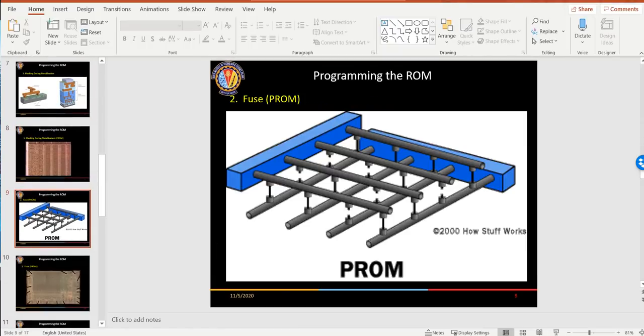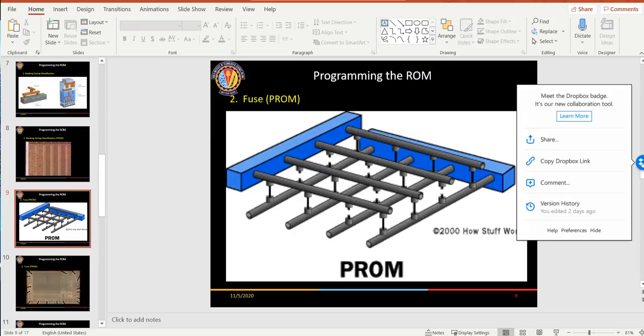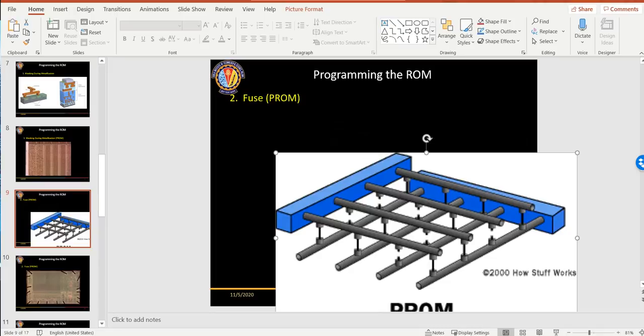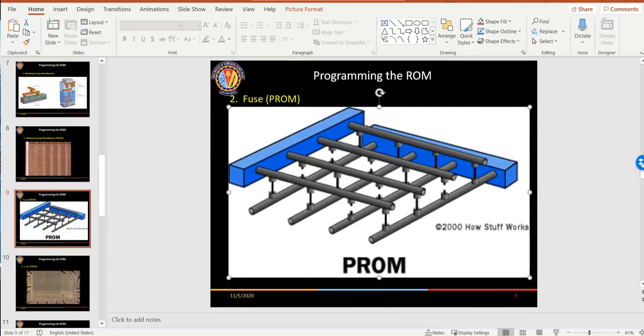We discussed this, right? These are the two kinds of lines which are running. In between you see these fusible links, so these can be blown off, right?